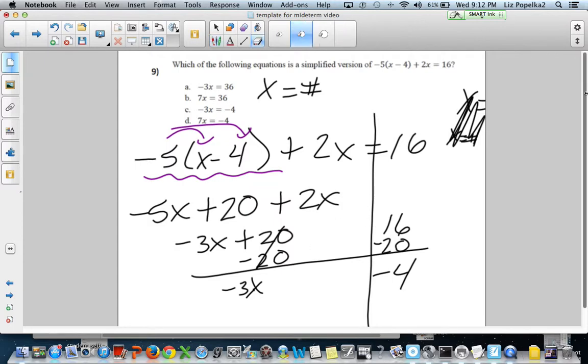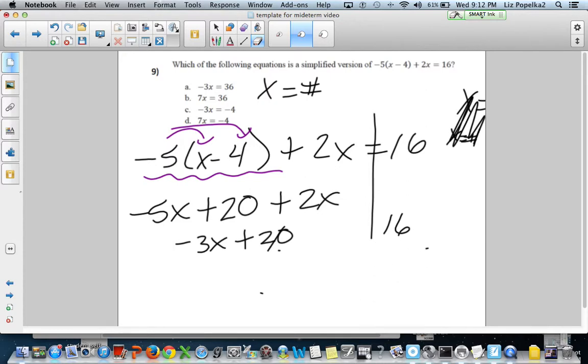Let me make sure that that made sense for you guys one more time. So after I did my distributive property, I had negative 5 times x, which is negative 5x, negative 5 times a negative 4, which is a positive 20, plus 2x. Then I combined my negative 5x and my 2x, because they're like terms, they gave me a negative 3x. So I still didn't have negative 3x plus 20 is equal to 16 up here for any of my answers.